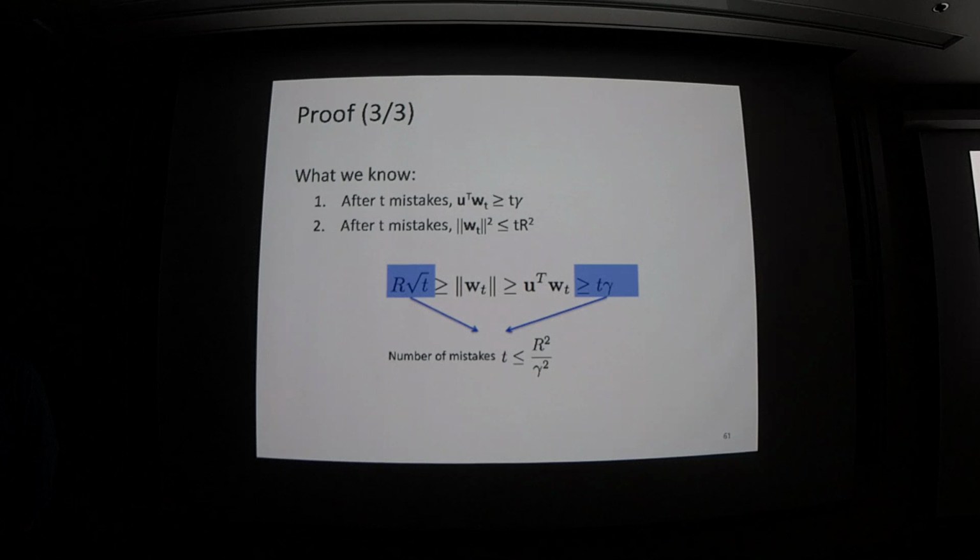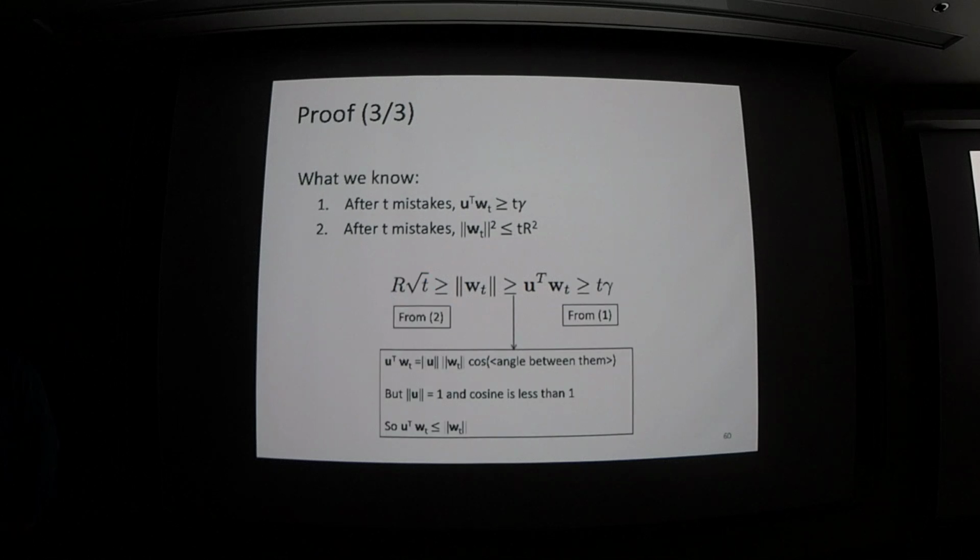Any question? Can you go back to the last page? What about if the angle is larger than 90 degrees? The cosine should be negative. Yeah, the cosine is negative.